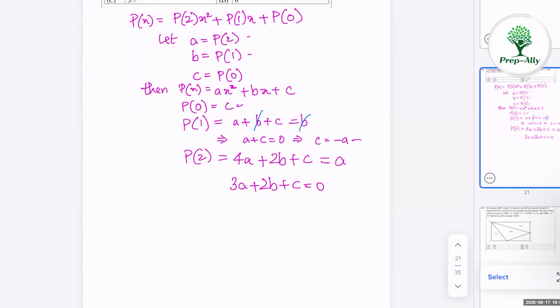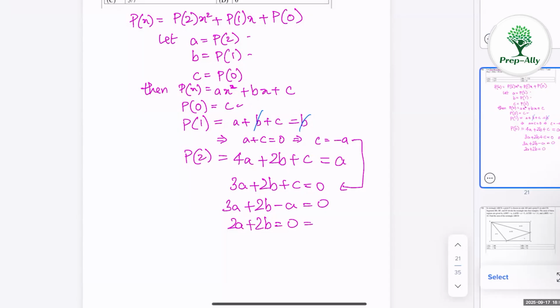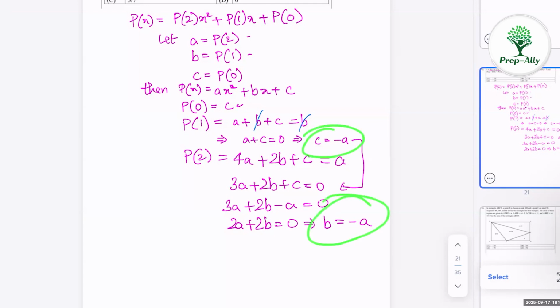So now if we put this in this equation, we get 3a plus 2b minus a equal to 0, or 2a plus 2b equal to 0, or we get b equal to minus a, right? So we have c equal to minus a, and we have b equal to minus a. So b equal to c equal to minus a.